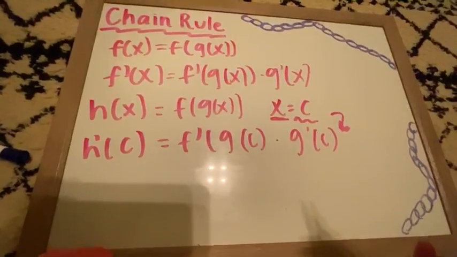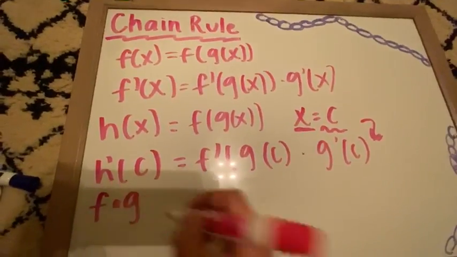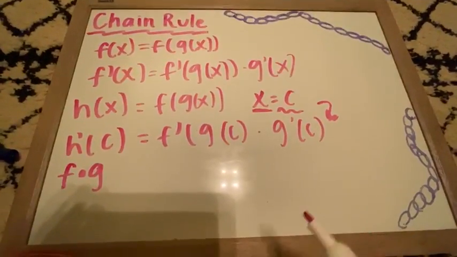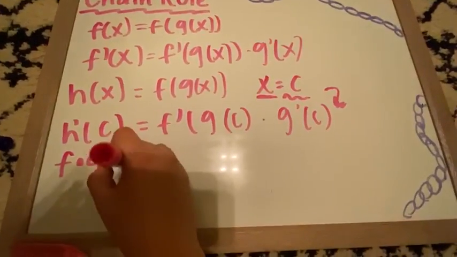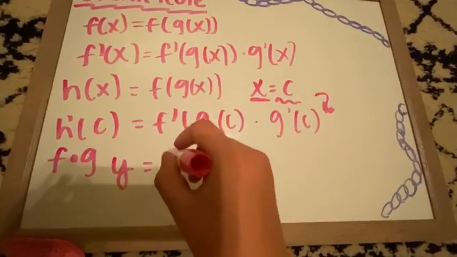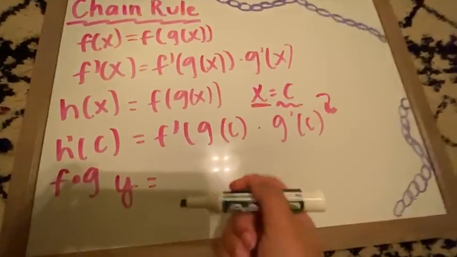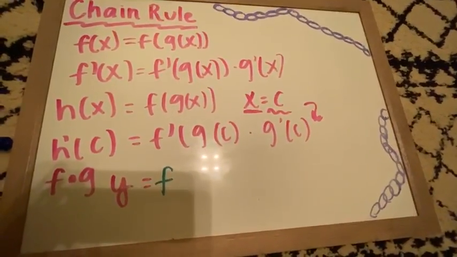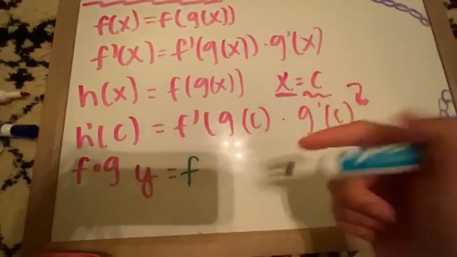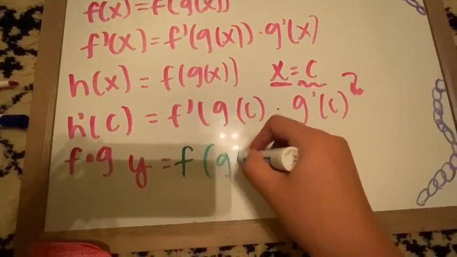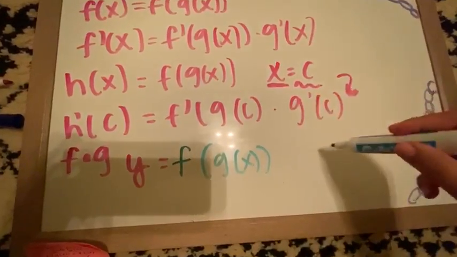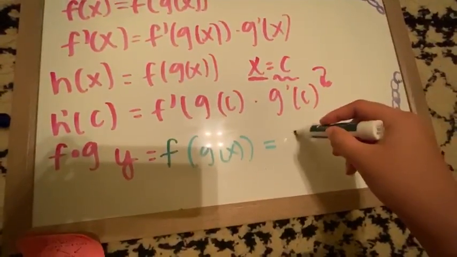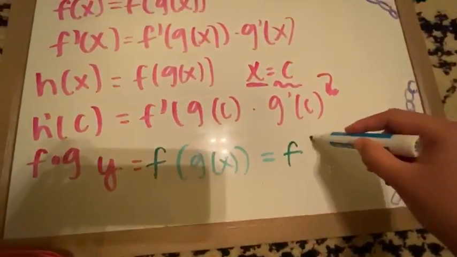The f of g function has two parts, an inner and an outer part. So if you have y is equal to f of g of x, that is also equal to f of u.